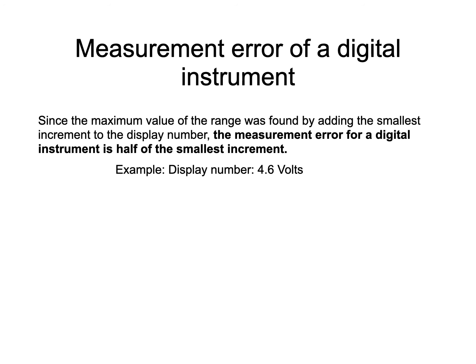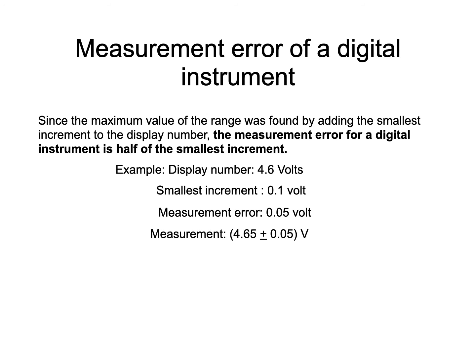If the display number is 4.6 volts on a multimeter, the numbers displayed would be, in general, separated by 0.1 volt, giving a measurement error that is half of the smallest increment, so 0.05 volt. In conclusion, the measurement would be coded as 4.65 volt plus and minus 0.05 volts.